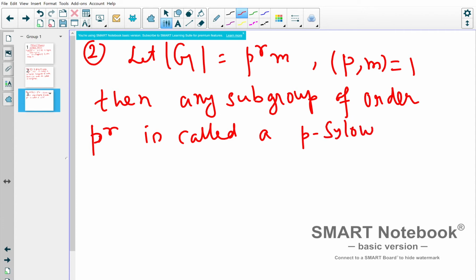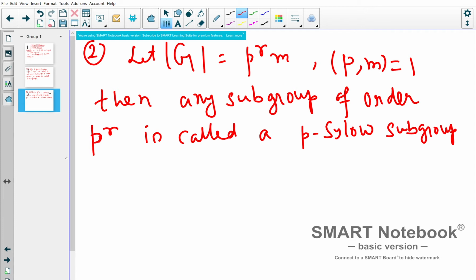So p Sylow subgroups are the p subgroups of highest order which divides the order of the group G.